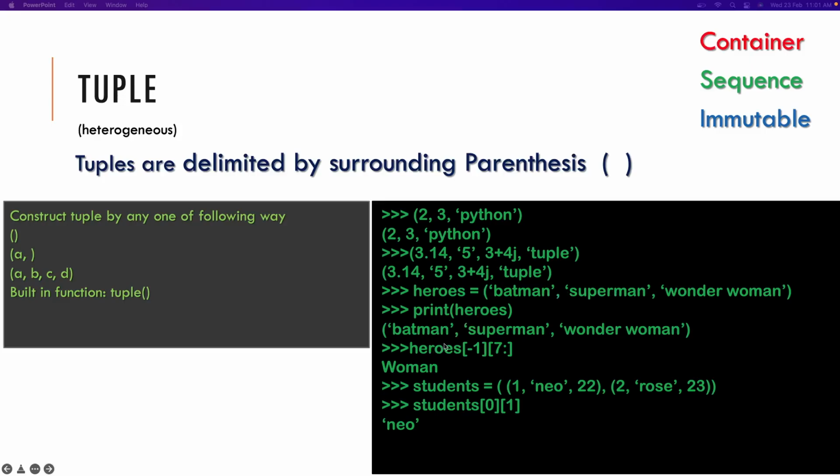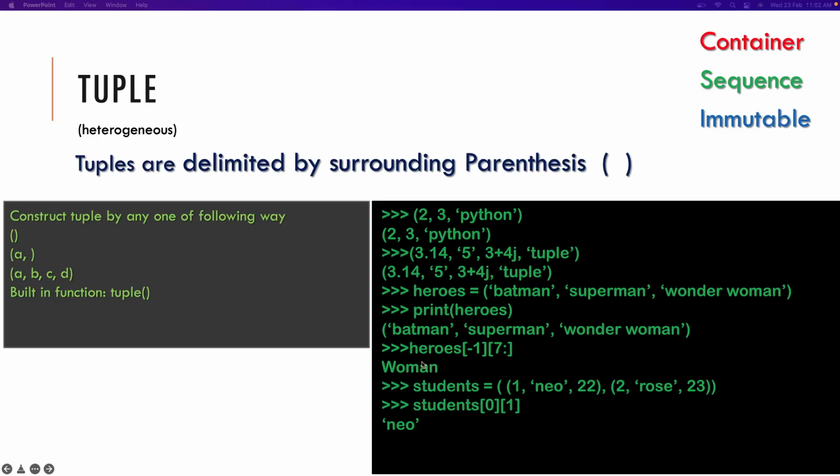And remember, this tuple is a sequence. It can be categorized as container, sequence, and immutable. Since it is a sequence, you can refer to elements by index. So if you define it, what element do you have at the first index? Batman. At index 1 you have Superman, at index 2 you have Wonder Woman. And you can go on with this index.